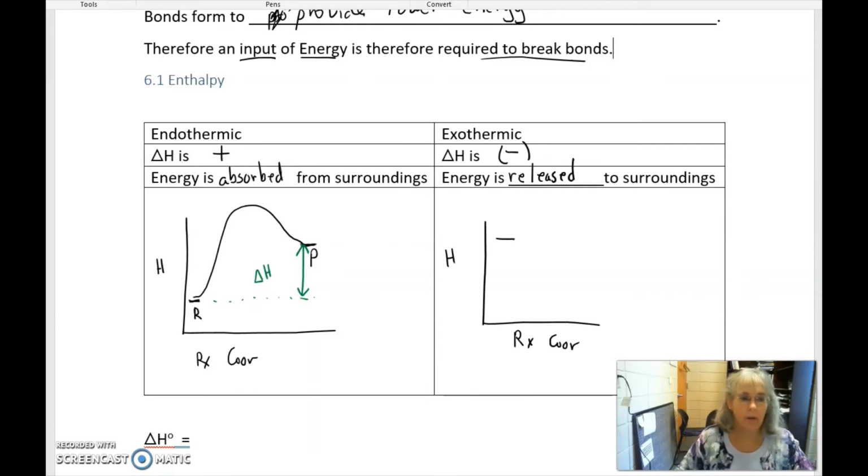Our reactants have higher energy than our products, and our curve is going to look something like that. We'll do red this time because the energy is released. So the delta H is going to be this distance here, and it's negative because it falls.